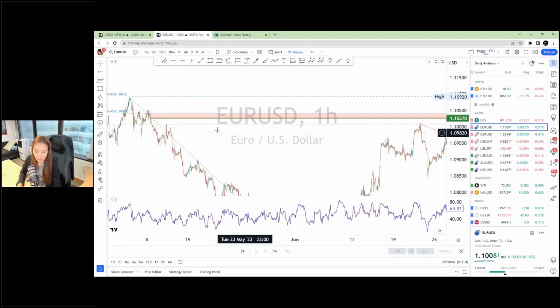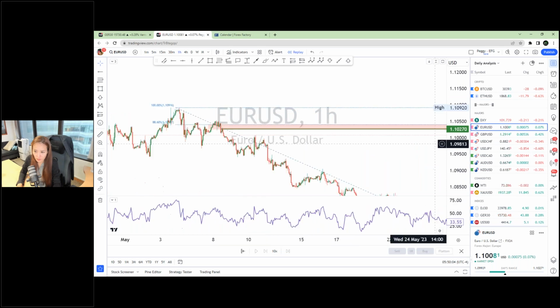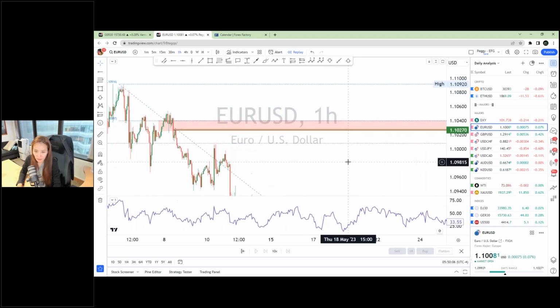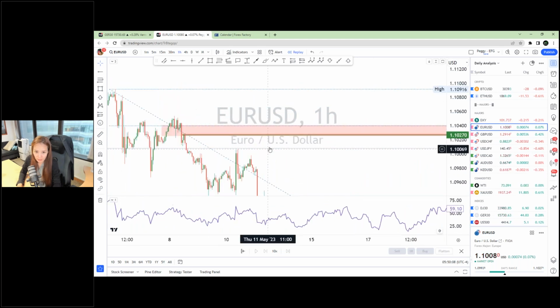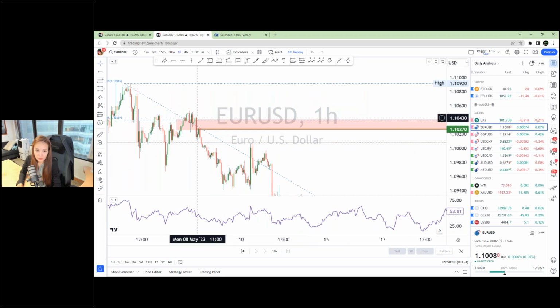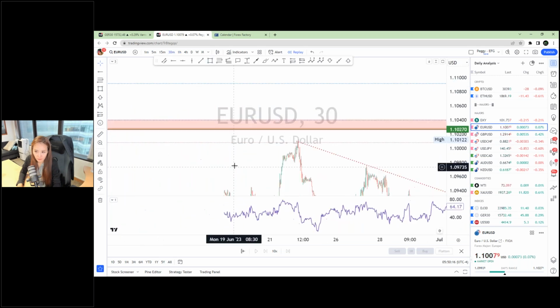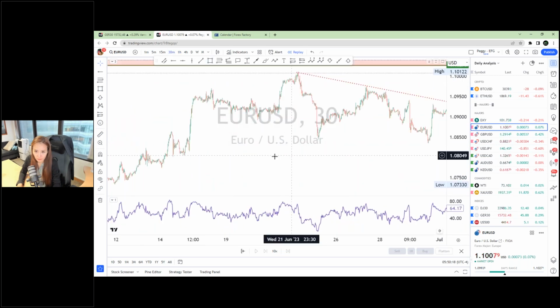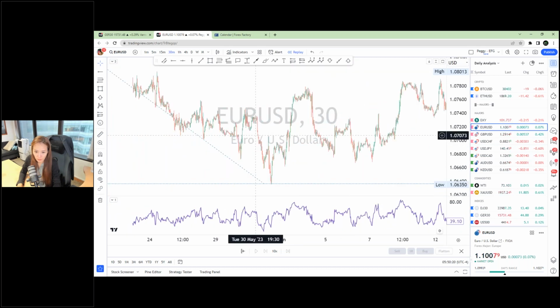You will see any supply zone, demand zone, or price action around there. When you zoom in on H1, you did not see anything, right? You go to M30.